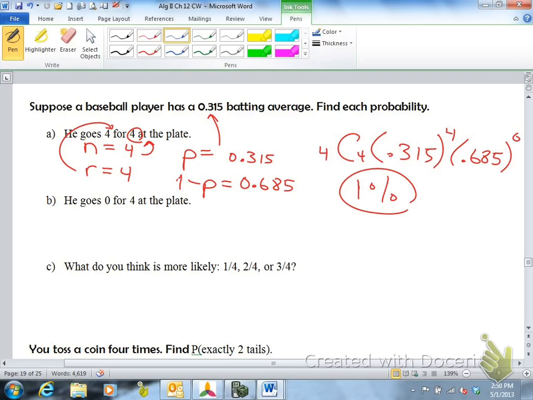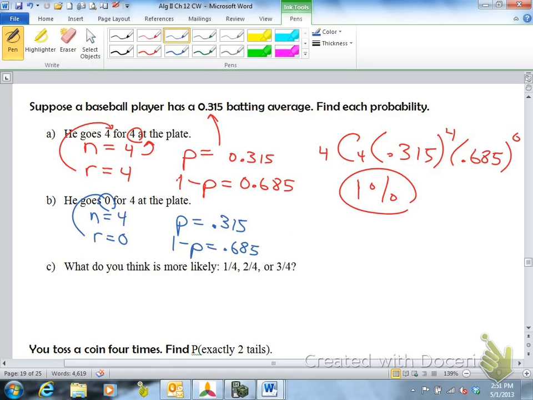Do you think the probability is higher for 0 for 4 compared to 4 for 4? Well, 0 for 4 means you go to the plate 4 times and you never get a hit. You always get out. So n is still 4. R is now 0. P is your batting average. 1 minus p is your probability of failure.